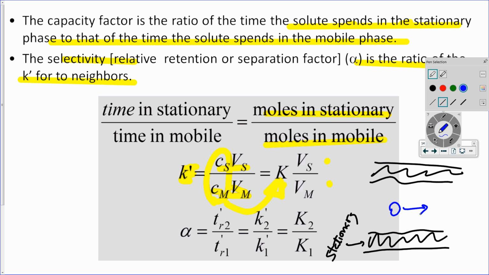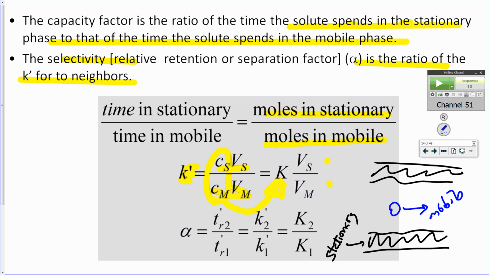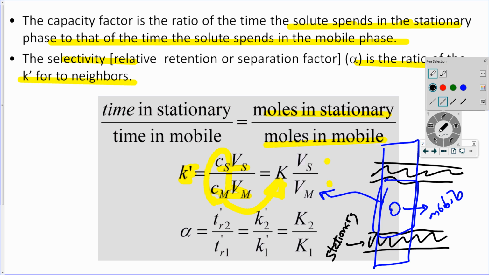Everything else here represents the mobile phase. If I take a cross section of this, this volume represents the volume of the mobile phase, and this represents the volume of the stationary phase.